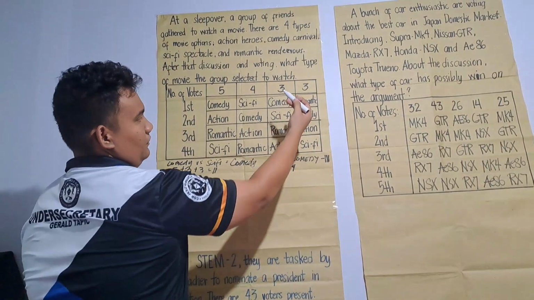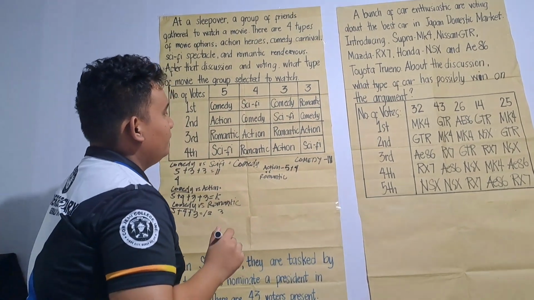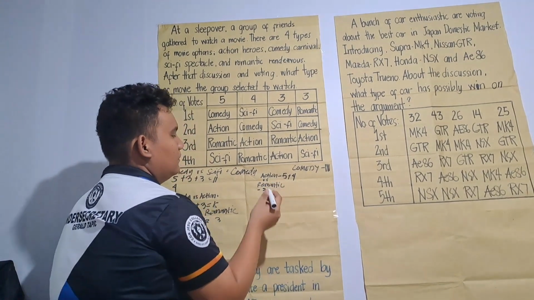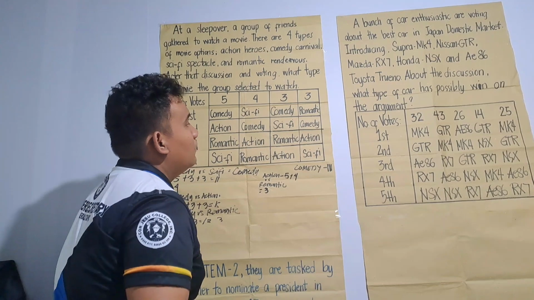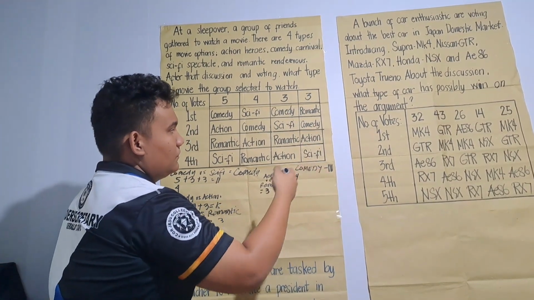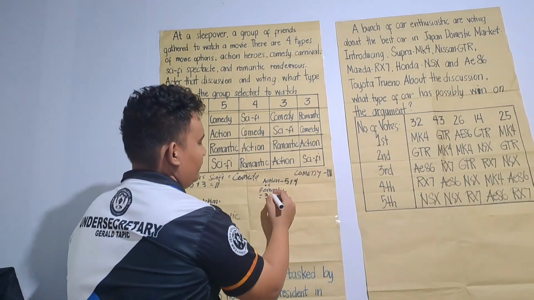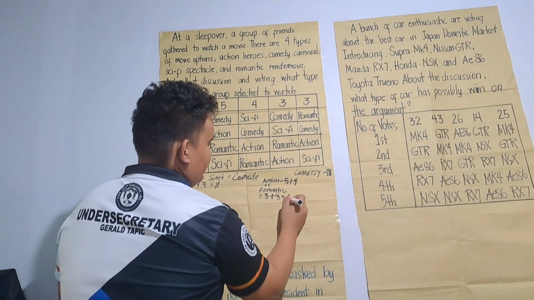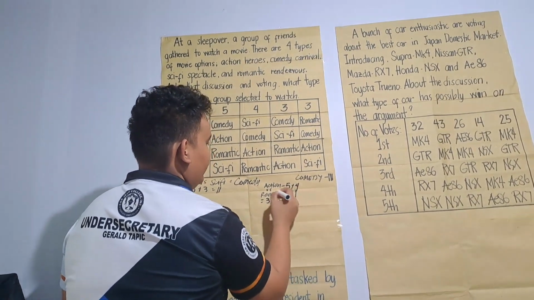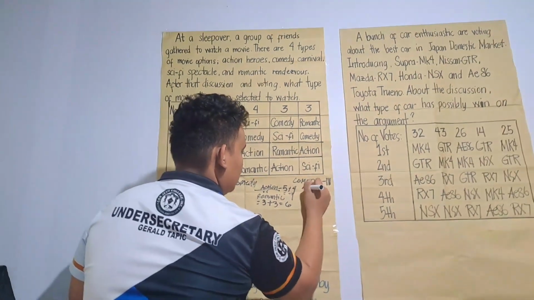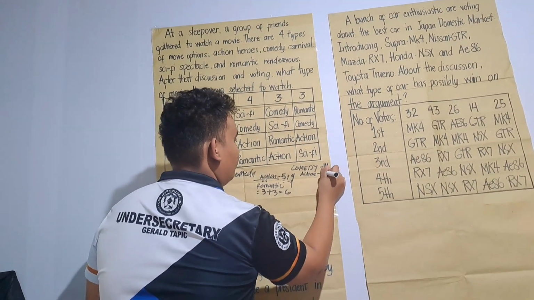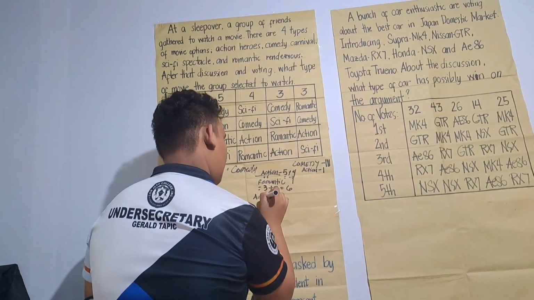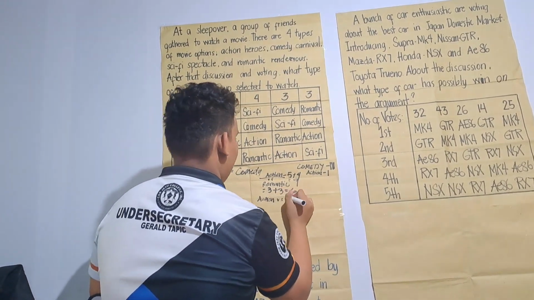Then, in the third column, romantic is first, so the votes going to romantic. Then, in the last column, romantic is first, so the 3 votes goes to romantic. So 3 plus 3 equals 6, then 5 plus 4 equals 9. The winner in here is action. So action had 1 point. The next matchup is action versus sci-fi.